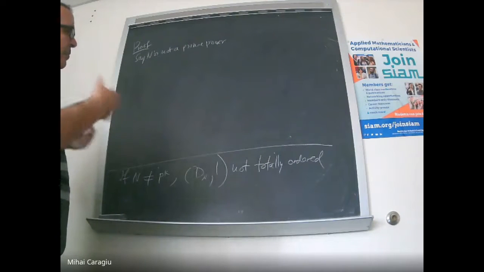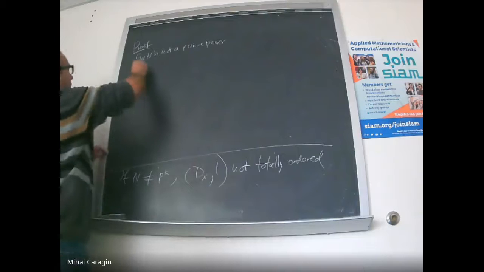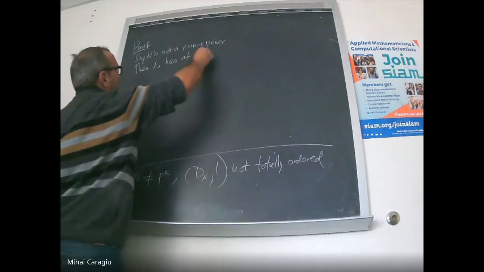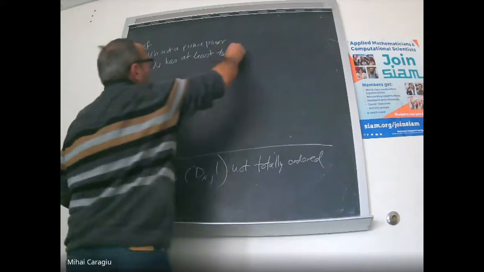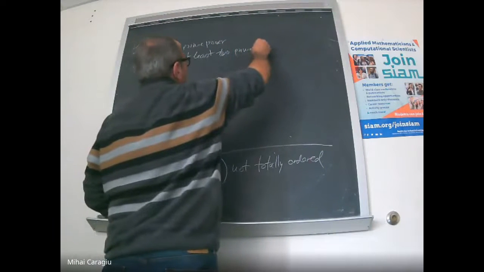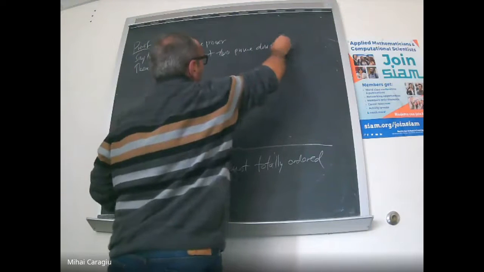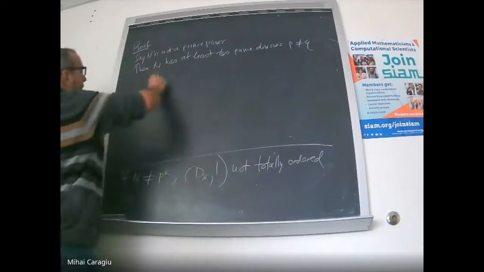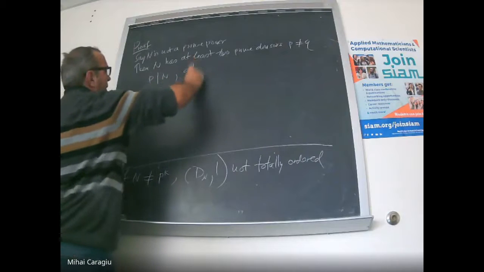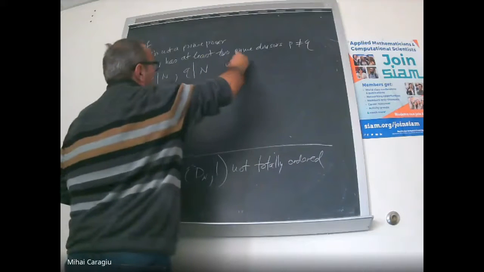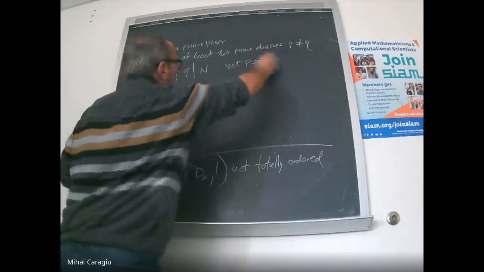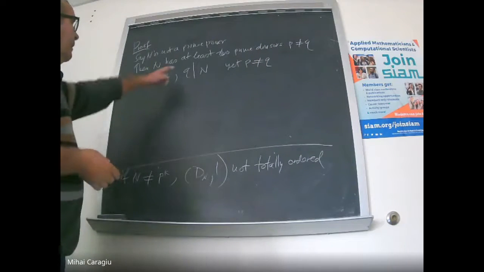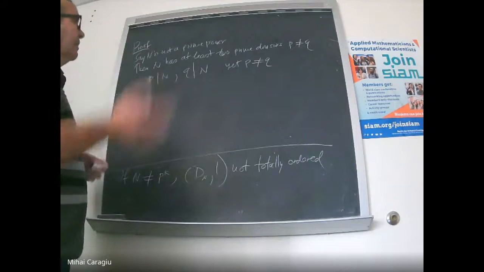It has at least two prime divisors, p not equal to q. So we got p divides n, q divides n, yet p not equal to q. Like in the previous example, 2 divides 6 and 3 divides 6, yet 2 not equal to 3.